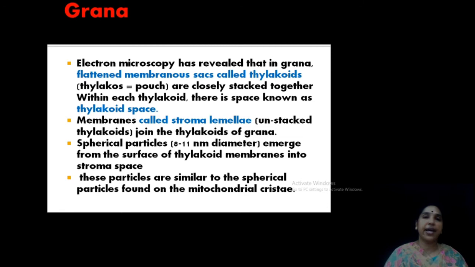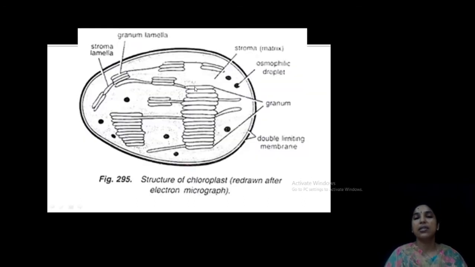And what about grana? Under electron microscopy, the studies revealed that they are flattened membrane sacs called thylakoids. In the last slide, you saw these flattened membrane-like structures. These are known as thylakoids. They are arranged one above the other like a stack of coins. That's known as grana.